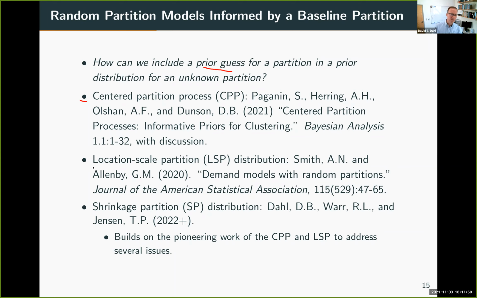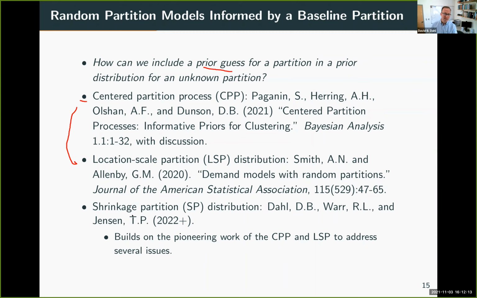There's another paper, the location scale partition distribution, proposed by Adam Smith and Greg Allenby, and they also propose a partition distribution that's influenced by a best guess partition. These two papers seem to be simultaneous work, and they both really lay out this really nice area.